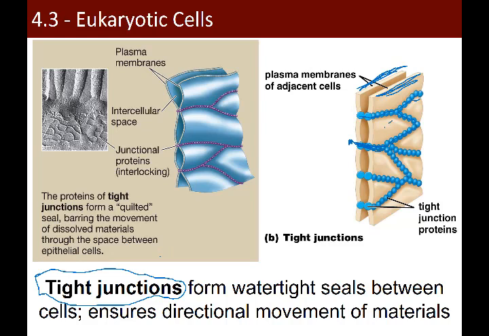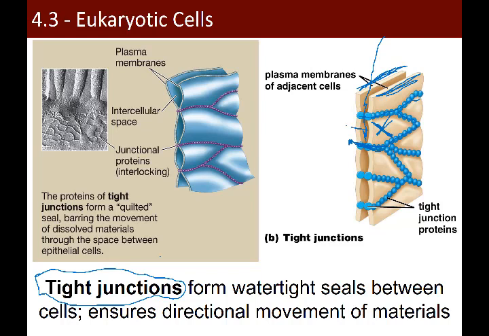Anyway, for here in this space, right here, material diffuses out through this plasma membrane and into the intermembrane space here, it can't just go up and around this cell and out to some other cell.